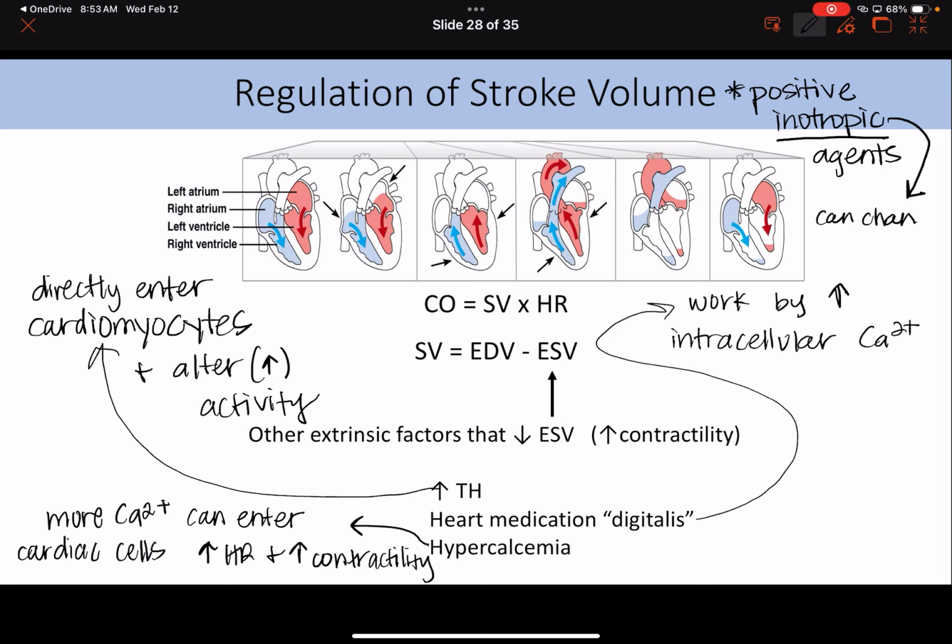So an inotropic agent is just anything that can change the force of the contractions. A positive inotropic agent is going to positively change, so it's going to increase the contraction. So what would we call something that would decrease the contractility of the heart? Negative inotropic agents.